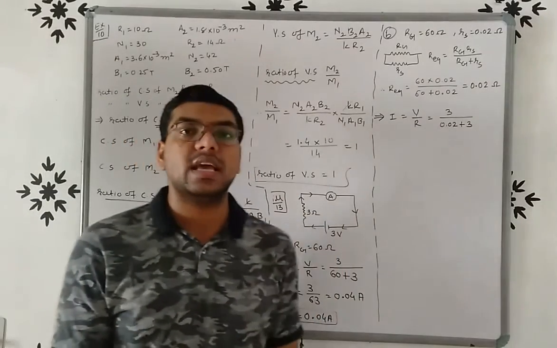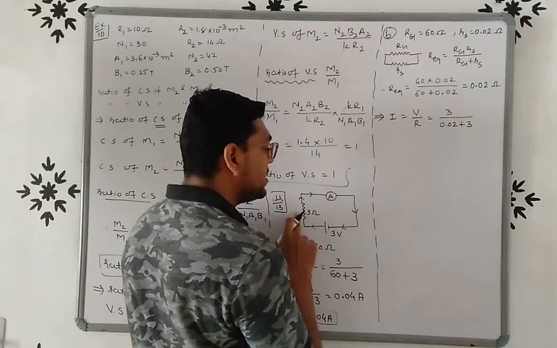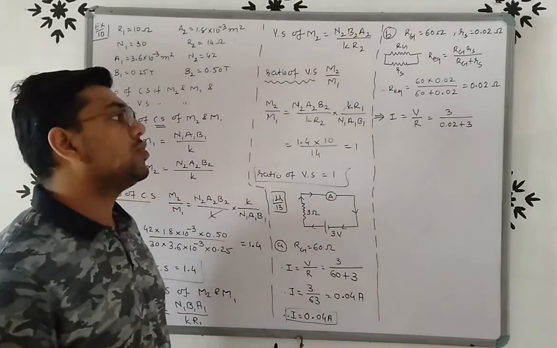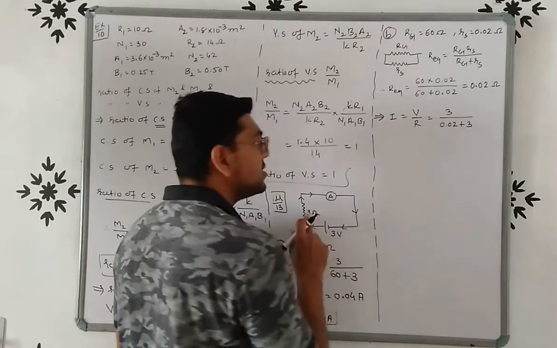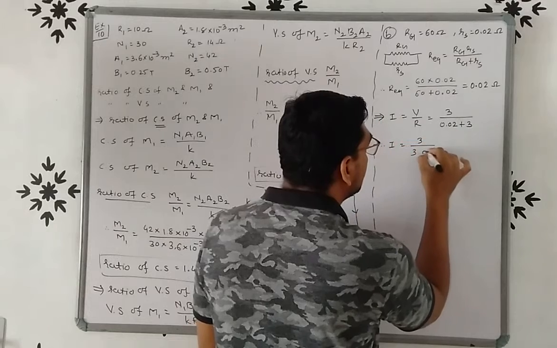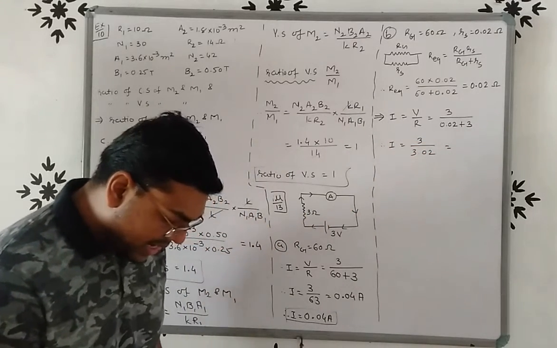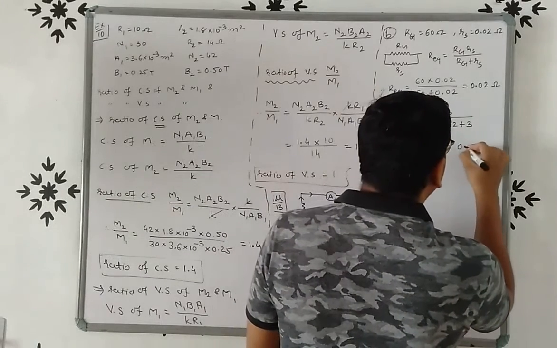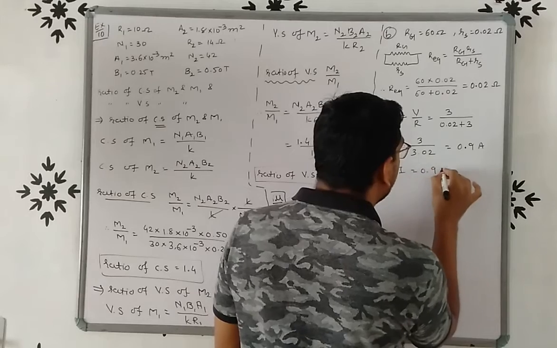Because this circuit is connected in series with this resistor having a resistance 3 ohm. So total resistance will be R equivalent, that is 0.02 plus 3. So I is equal to 3 upon 3.02. So if you solve this, then you will get current 0.9 ampere.